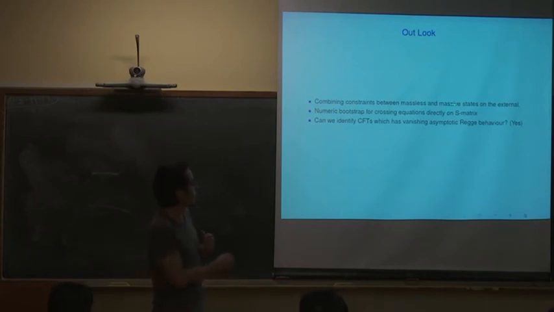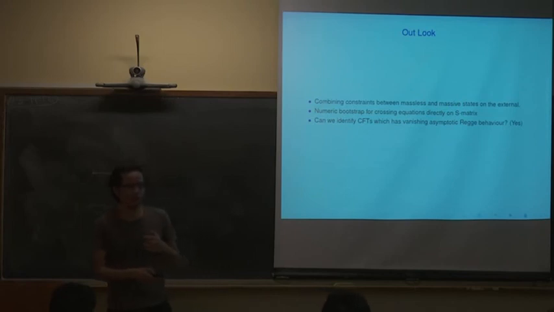It's also interesting that we're looking at the numeric bootstrap, precisely because if your amplitude has a good large S die-off, then that means it has a representation in terms of just S channel poles, which through ST duality means that there's an equivalent representation for the T channel poles. So you can plug this in, assume a certain spectrum, and then try to do the bootstrap to see what constraints you can derive on the spectrum.